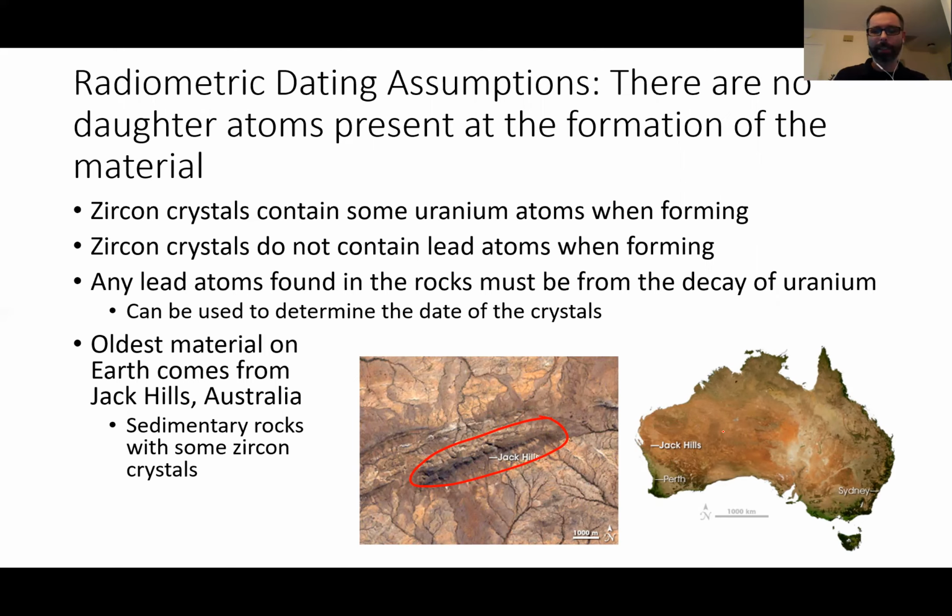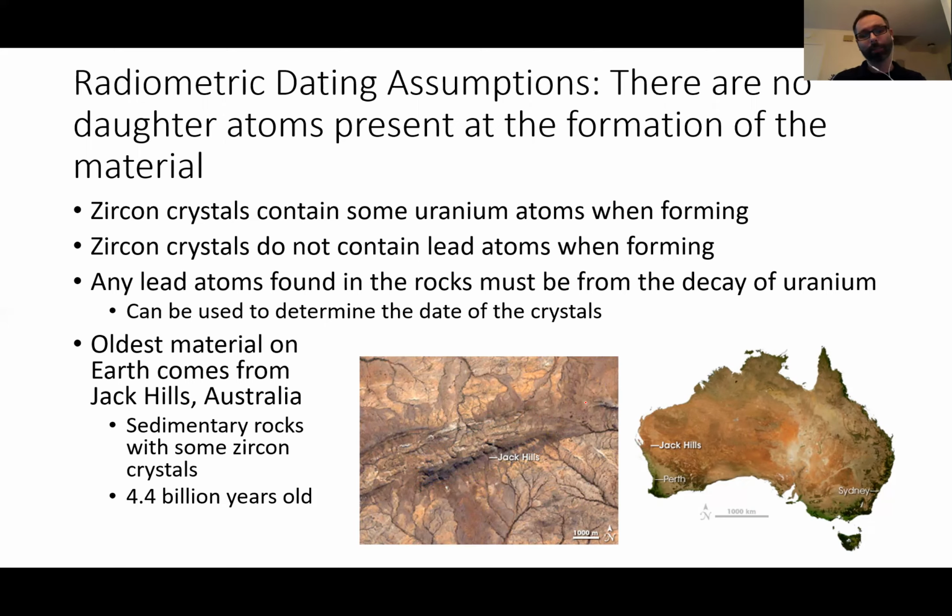These rocks are sedimentary, which means basically sand has been smashed together to the point where it fuses together to make a rock, right? Sedimentary rocks are made out of little tiny pieces of other rocks. So we don't have any full-on old rocks, like a big chunk that's super old. But this little piece of rock that was found in these old rocks is 4.4 billion years old, right?